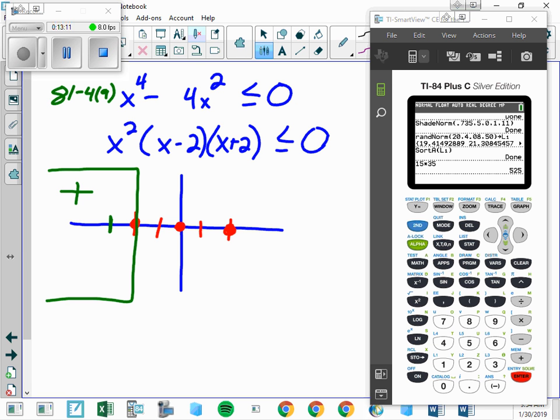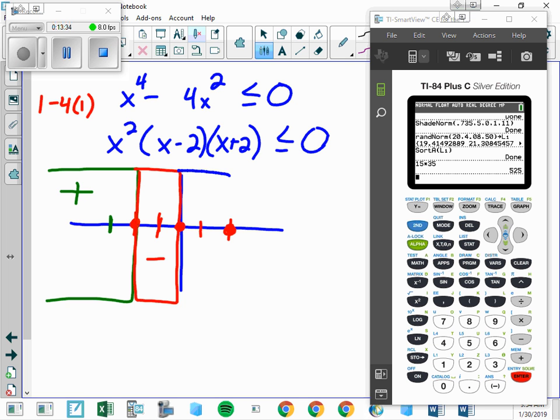Okay. Now I look at this piece. Easiest thing to plug in is -1. So -1 to the fourth is 1 minus 4 times 1, which is negative. Okay.